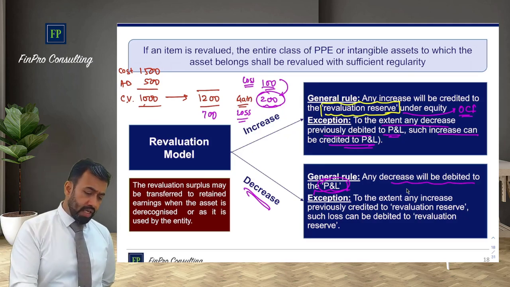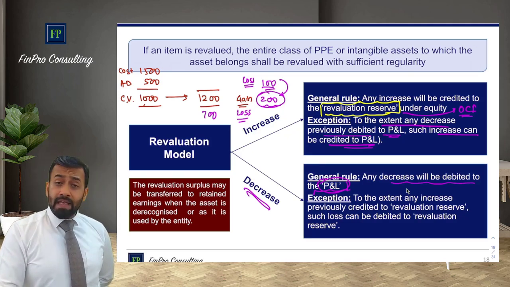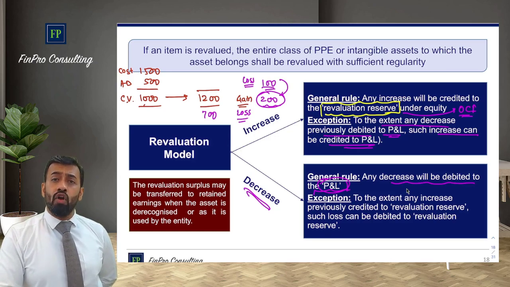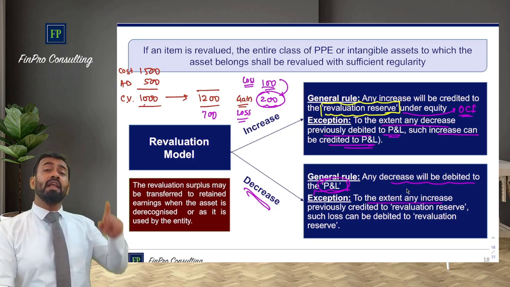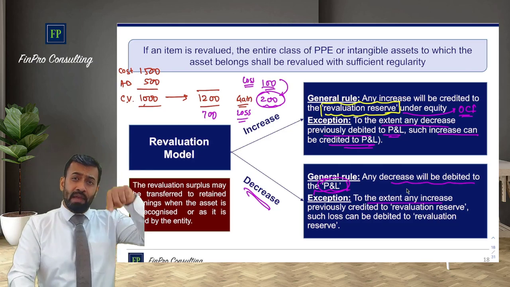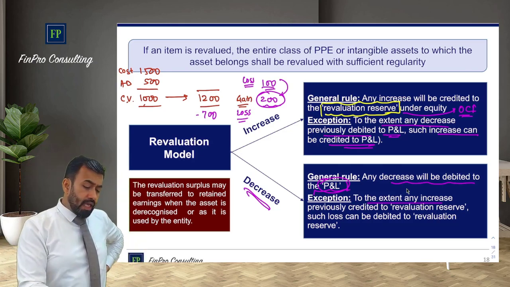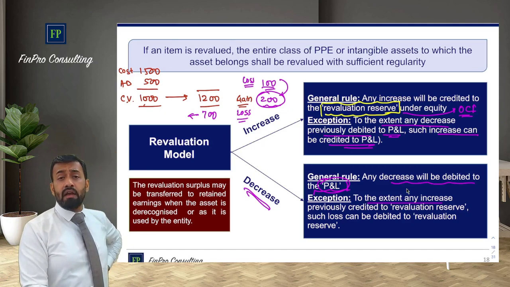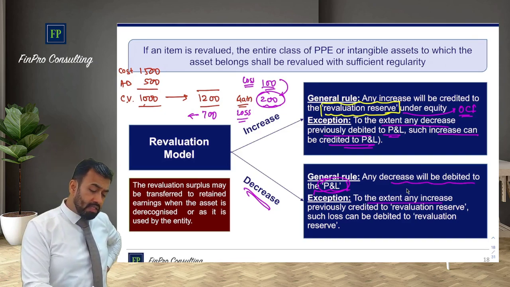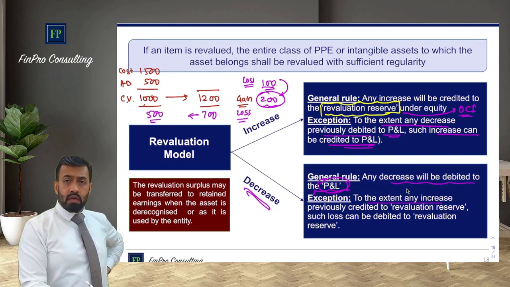Other way around for this decrease now. Exception to accounting for a loss, revaluation loss. Exception says to the extent of any increase which we previously credited to revaluation reserve. Let's say previously I had credited revaluation reserve by let's say 500 rupees, correct?